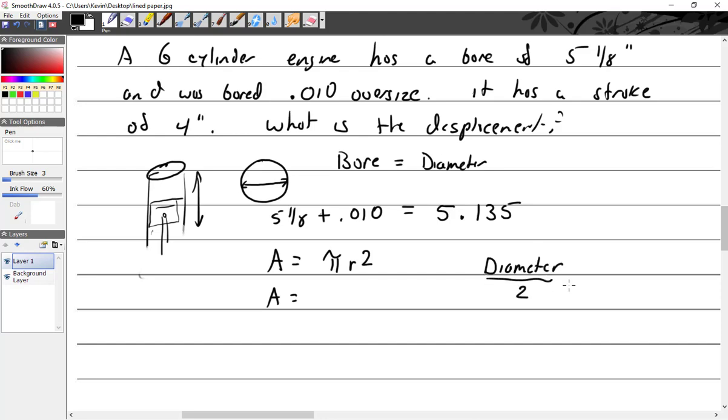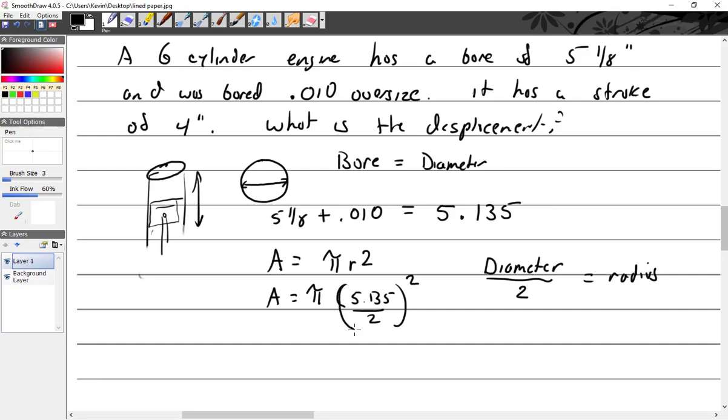Diameter divided by 2 equals the radius. And since bore and diameter are the same, we take 5.135 and divide that by 2. So area equals pi times 5.135 divided by 2, squared.